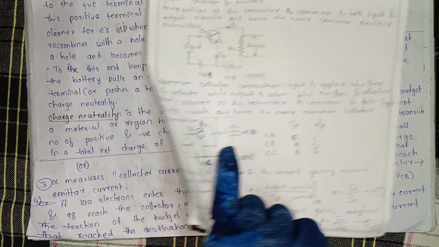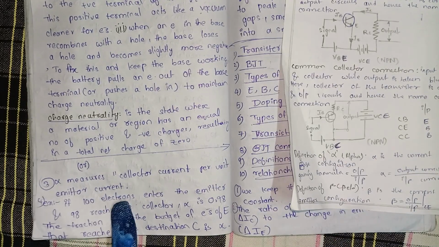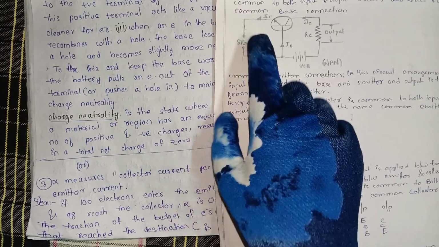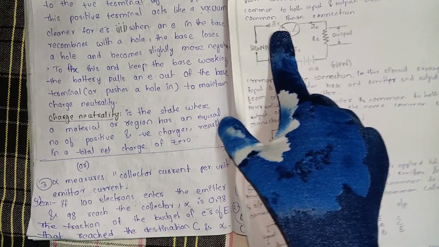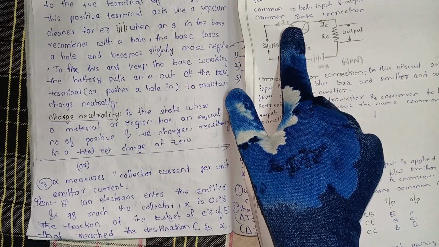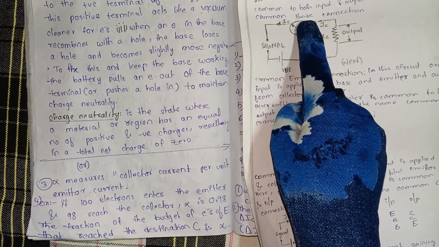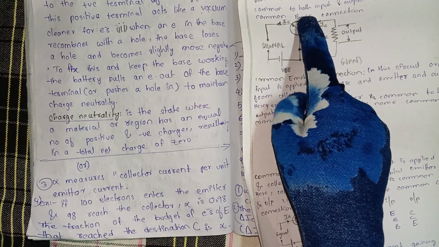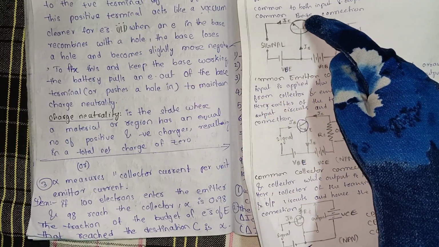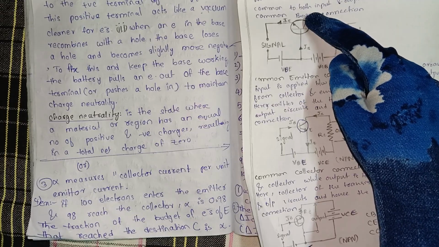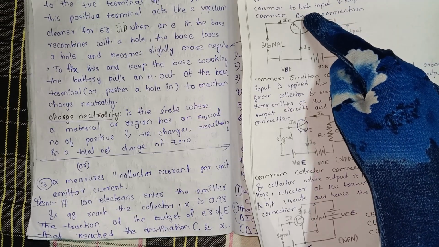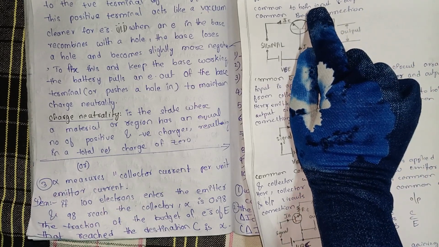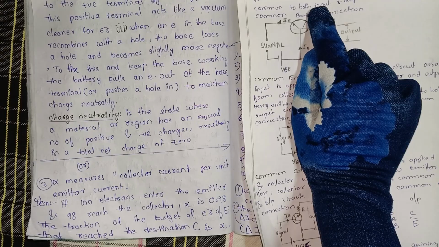For example, if 100 electrons enter the emitter and 98 electrons reach the collector, then alpha is 0.98, because 98 by 100 is 0.98.